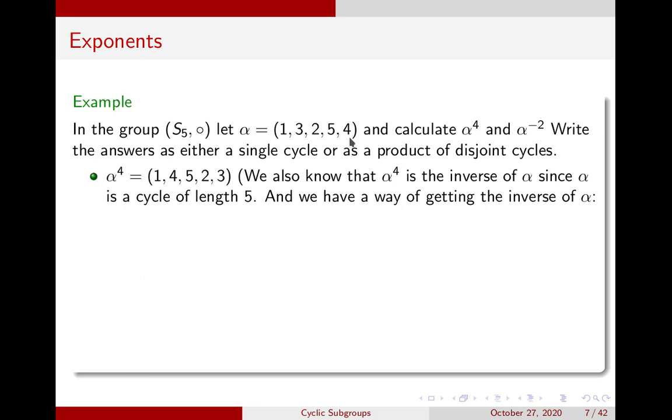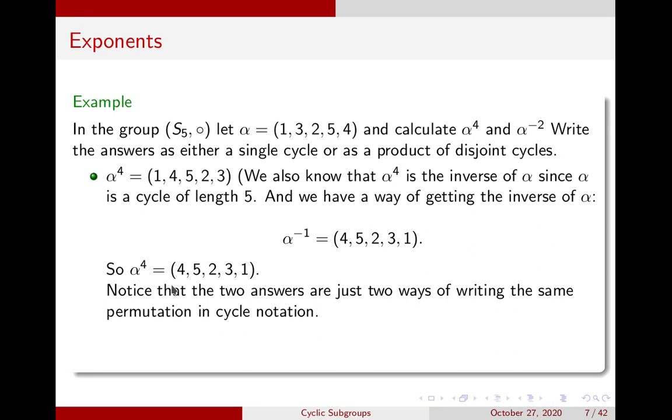You list the elements in reverse order. Alpha inverse is 4, 5, 2, 3, 1. And since alpha to the fourth is the inverse, we know that alpha to the fourth is 4, 5, 2, 3, 1. So this would be a second way of calculating alpha to the fourth.